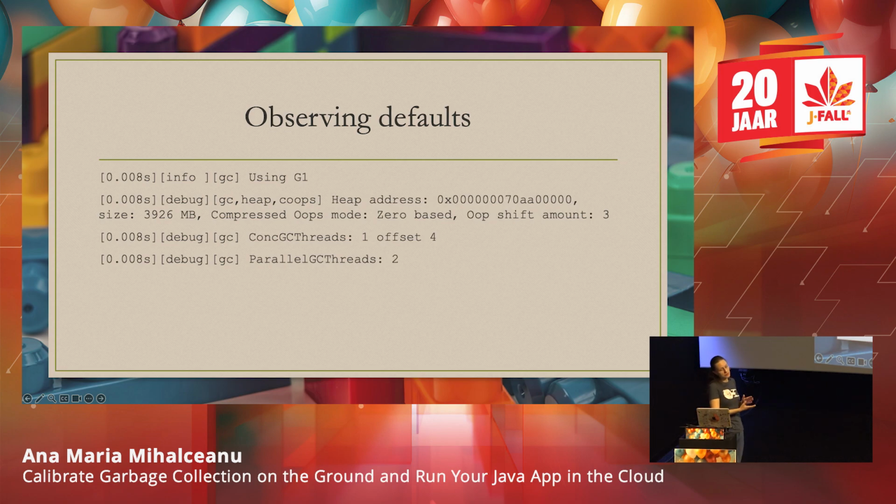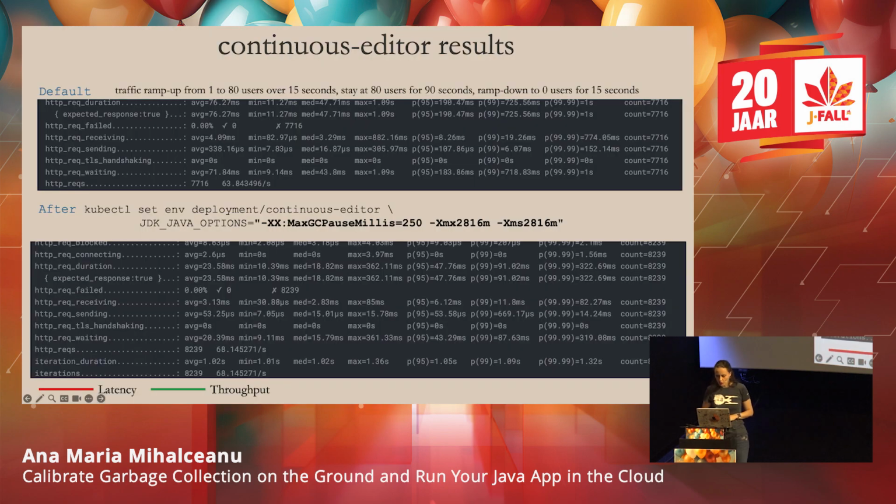Now, after I observed some defaults, for my second application, I decided to change things differently. I said, look, I want to look into the throughput part of it. So for the second one, the continuous editor, I want to improve the throughput. I will increase the pause millis because that's what I read in the documentation.